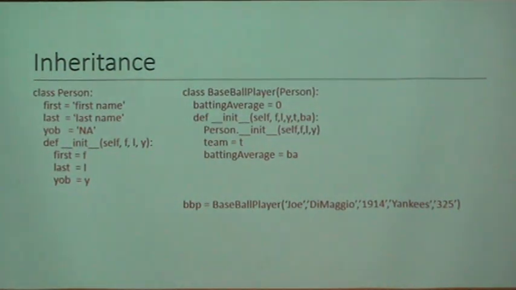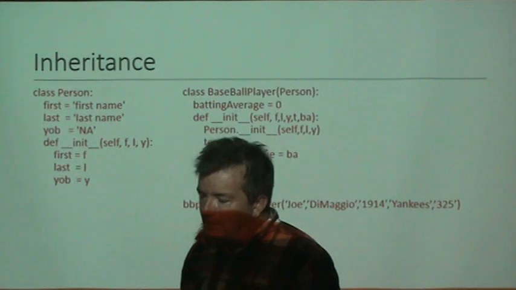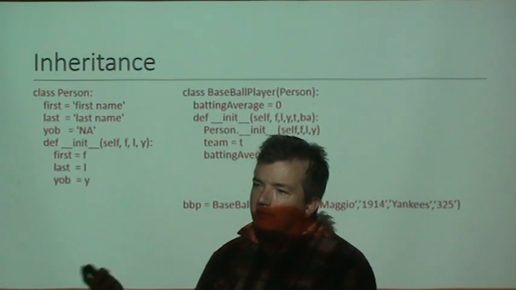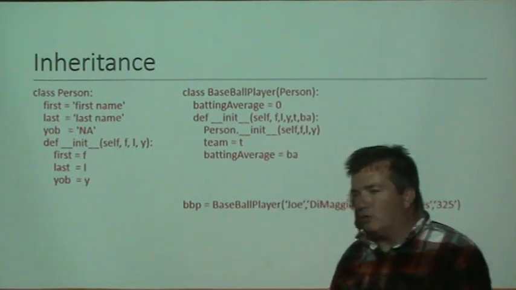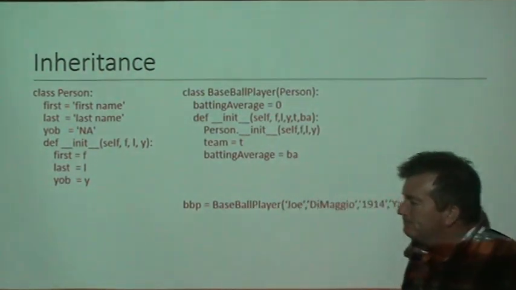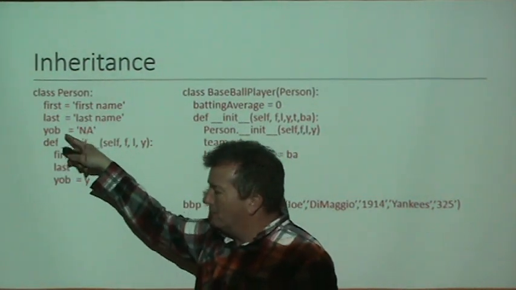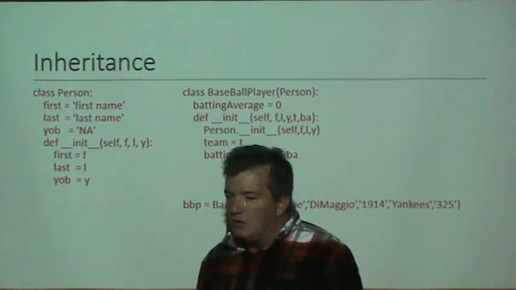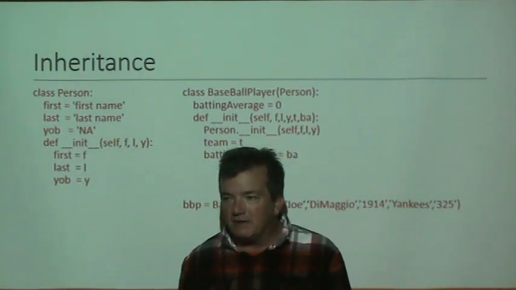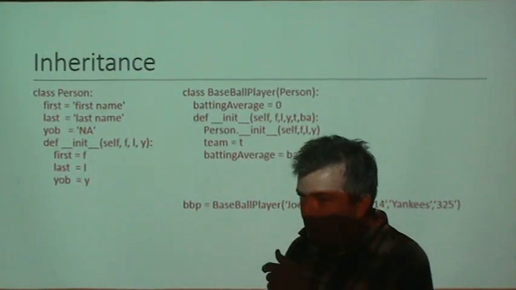What you could do is you could have a class like a baseball player, and you might think, well, isn't every baseball player a person? There's no dog baseball players or cat baseball players. So, if we're going to define a person as having a first name and a last name and a year of birth, doesn't a baseball player have every attribute that a person has, but in addition to that, they have attributes that only baseball players have.